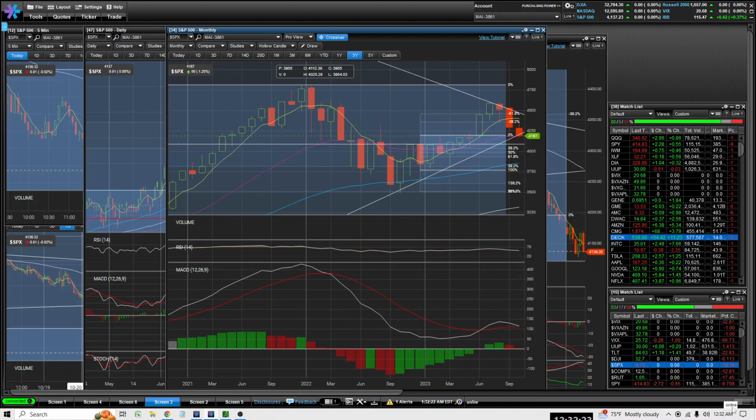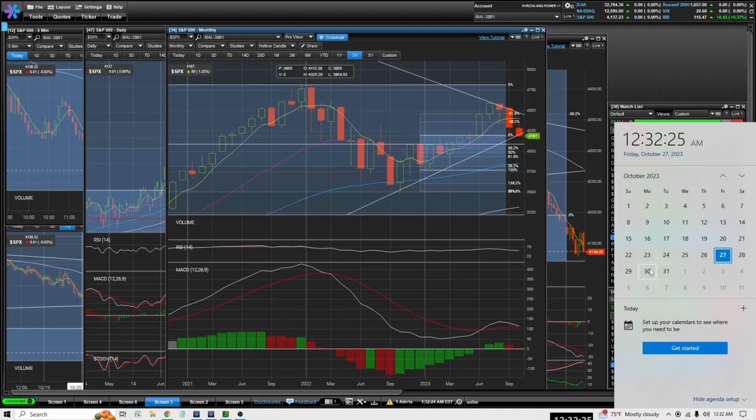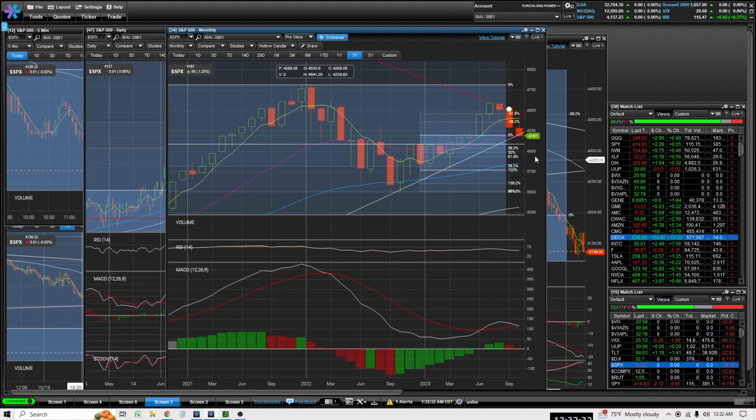So then you essentially have Monday and Tuesday to either go down to 4,000 or bounce. Now, typically when it's at this level, I would assume it will be a bounce, okay? So we'll have kind of a small doji on the monthly, not a big one, but a small red doji.